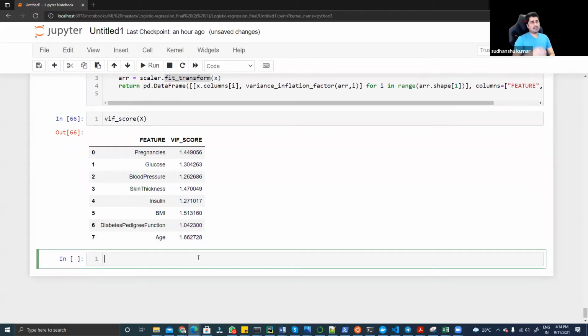Once we are able to find out these things, maybe I can try to do a train and test split over here, right? I can call train_test_split, which I have already imported. Here I can pass x underscore scaled, the data after doing standard scaling.